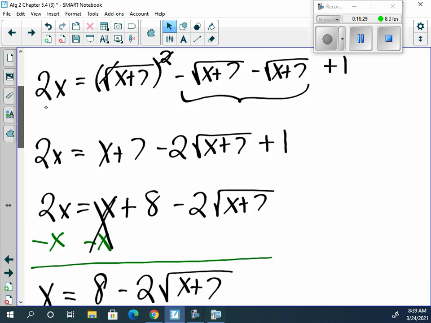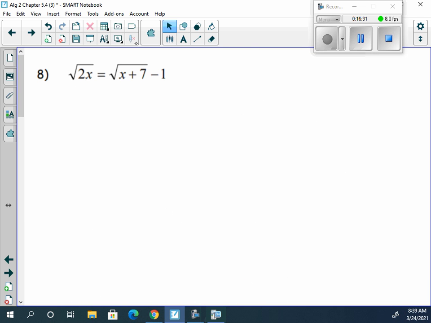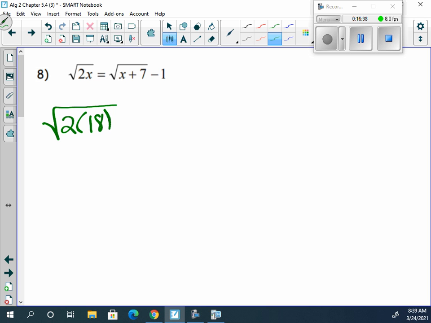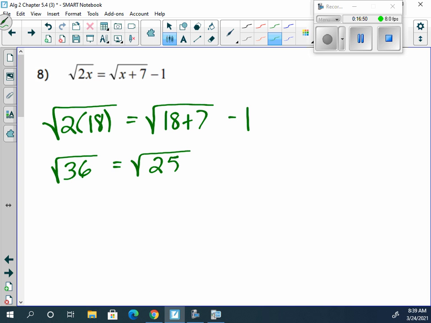So, I can show you all this here. Let's look at 18. Because 2 times 18 is equal to the square root of 18 plus 7, minus 1. 2 times 18 would be 36, and 18 plus 7 is 25.